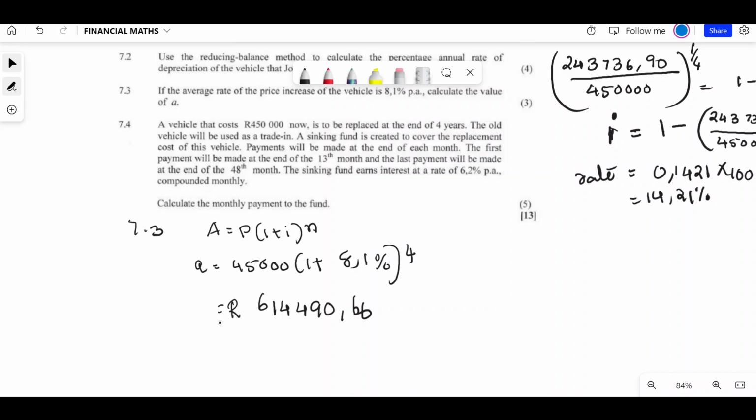The sinking fund is created to cover the replacement cost of this vehicle. That itself means you can already write the sinking fund now for 7.4.